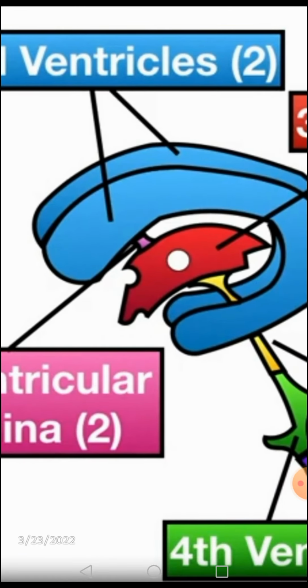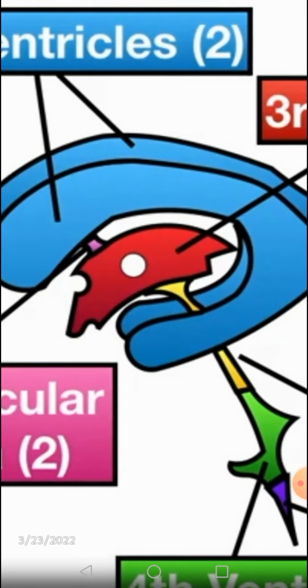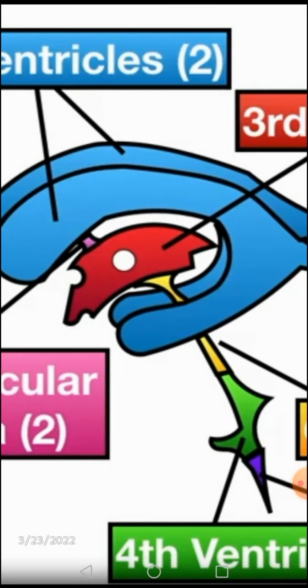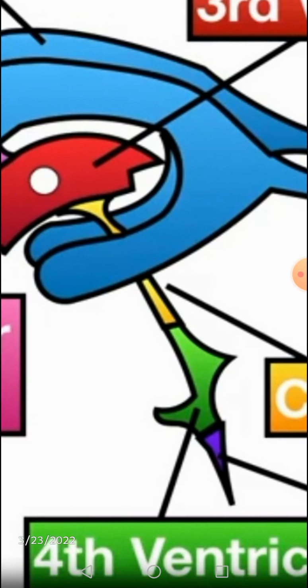Now you can see that the yellow colored cerebral aqueduct, which is the cavity of the midbrain, extends from the red third ventricle and enters into your green colored fourth ventricle, right? And from here it connects to the central canal. And why does this happen?